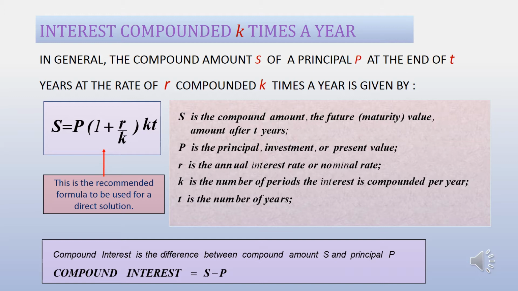We can rely on this formula to solve future problems. Now, we calculate the compound interest. Compound interest is the difference between compound amount S and the principal P. So, compound interest is equal to S minus P.